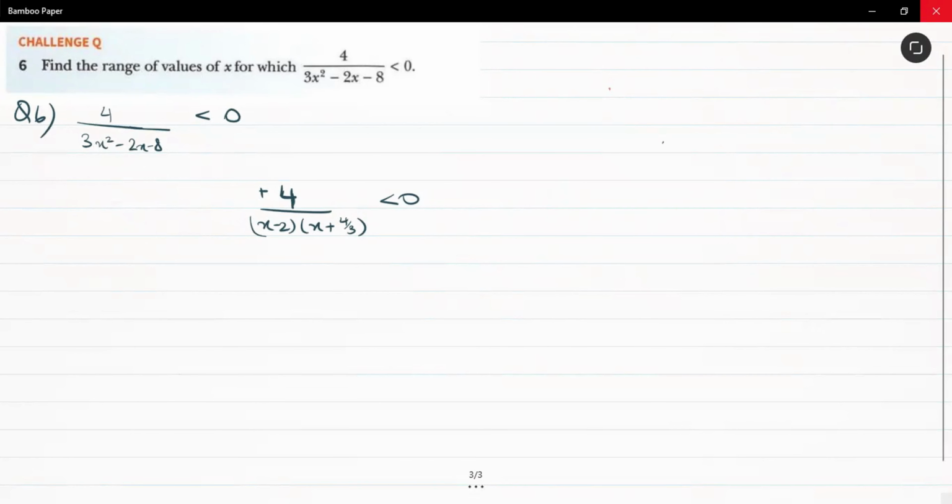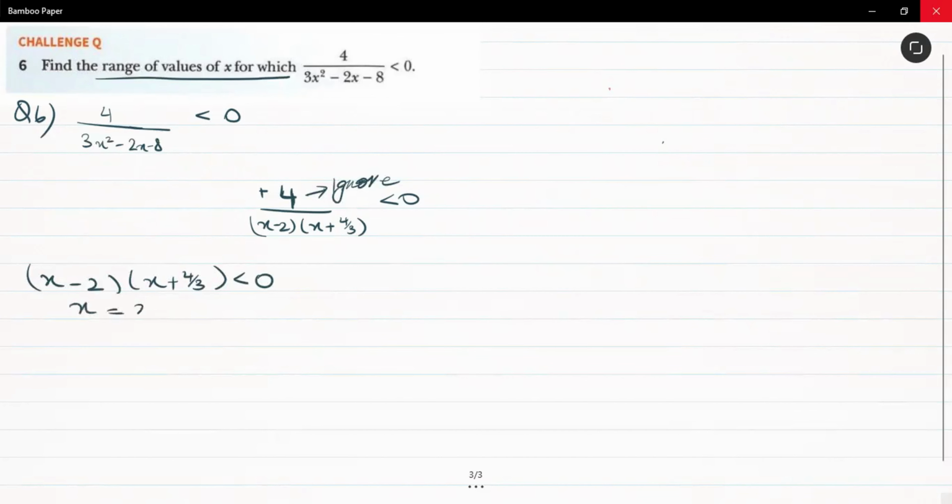So what we do is we take this up, we say that x minus 2 multiplied by x plus 4 upon 3 is going to be lesser than 0 because it should have a negative value. And for now, we just ignore the value 4. Why is that? Because it's not necessary right now. They've asked us the range of values for x for which this is going to be accepted. So right now, just ignore the 4 here and just solve this up.